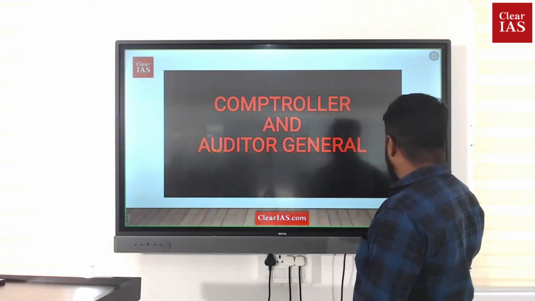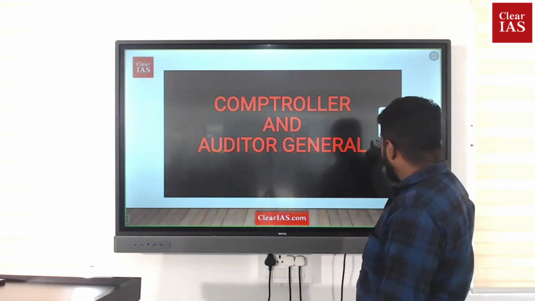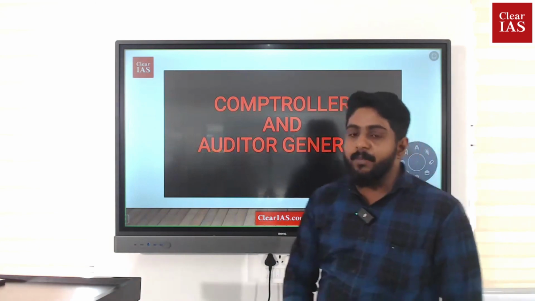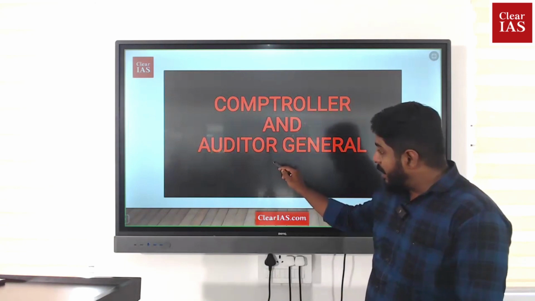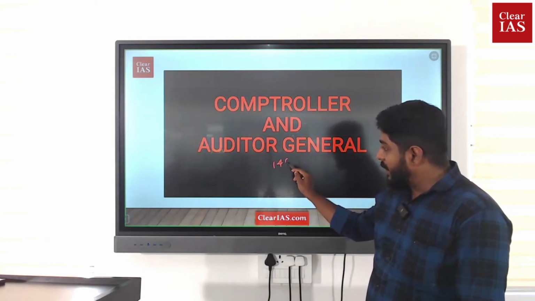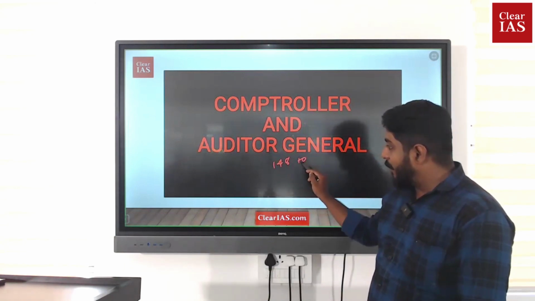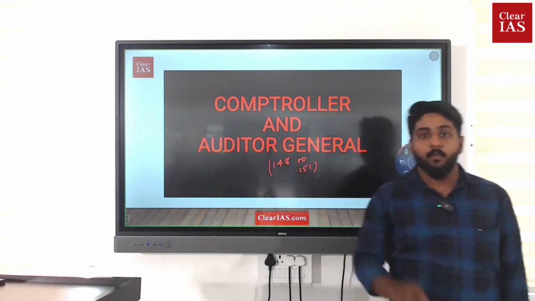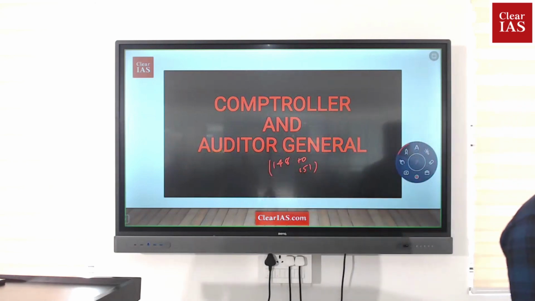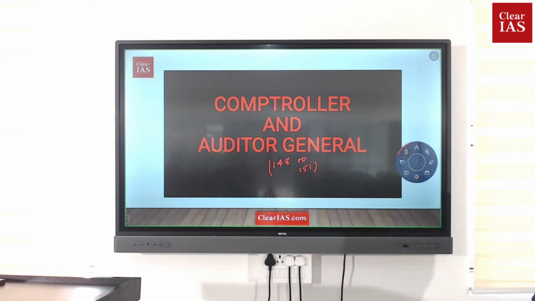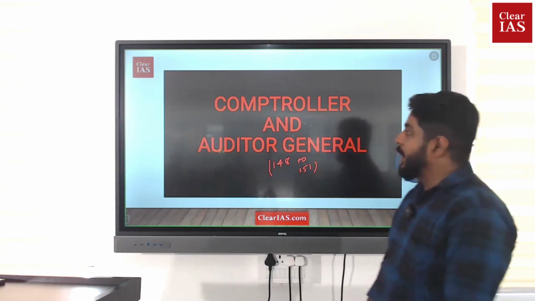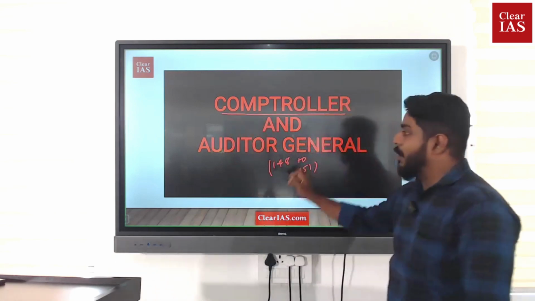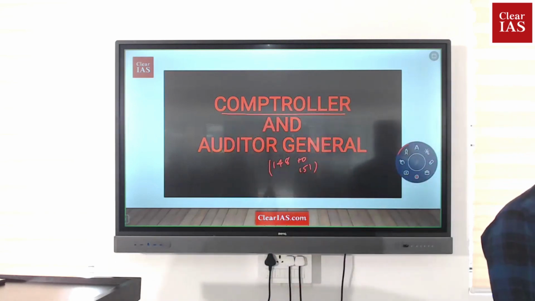That means it is mentioned under the Union Government, starting from article number 148 to 151. Articles 148 to 151 provide the constitutional provisions that deal with the Comptroller and Auditor General of India.